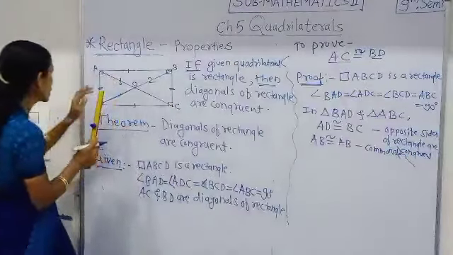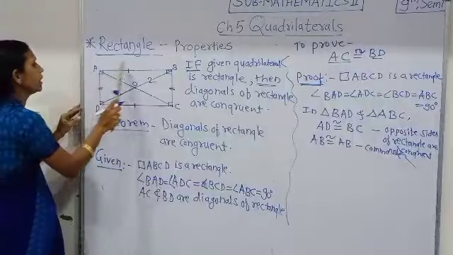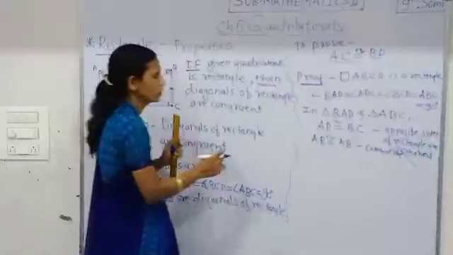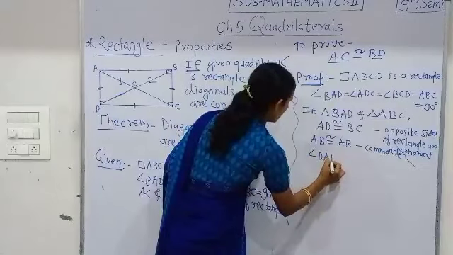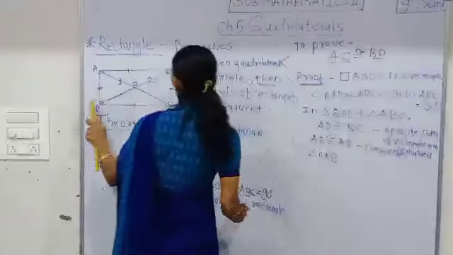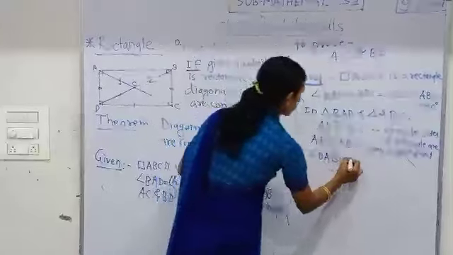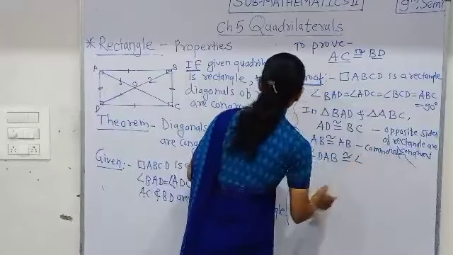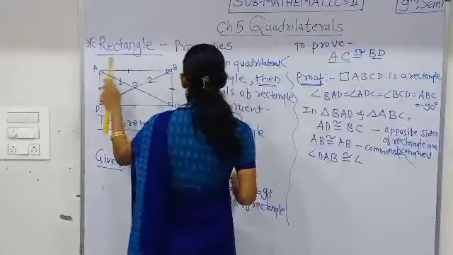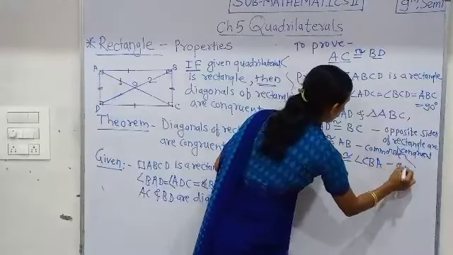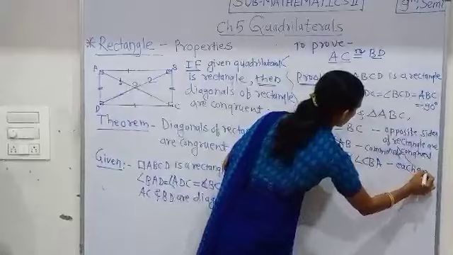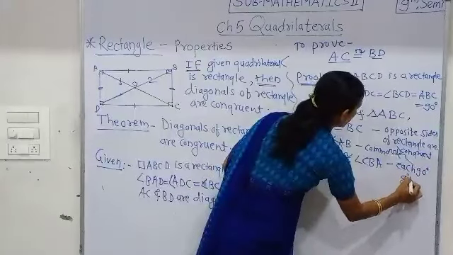Then focus here, angle DAB of triangle BAD, angle DAB congruent angle CBA, each of 90 degrees, which is given.